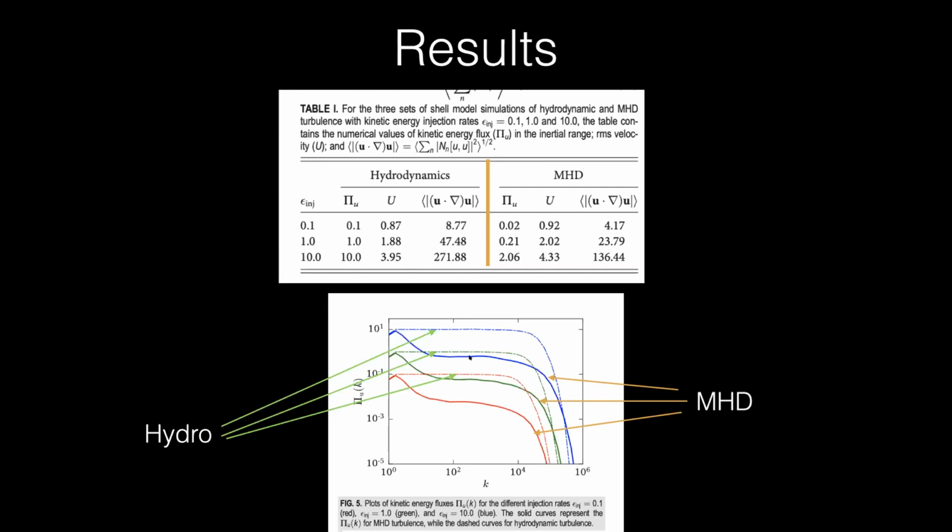So flux has shrunk in MHD compared to hydro, and it happens for different injection rates. So you can just compare the number 0.1 for this one, and here is 0.02. MHD has dropped by a factor of 5, in fact, in flux.